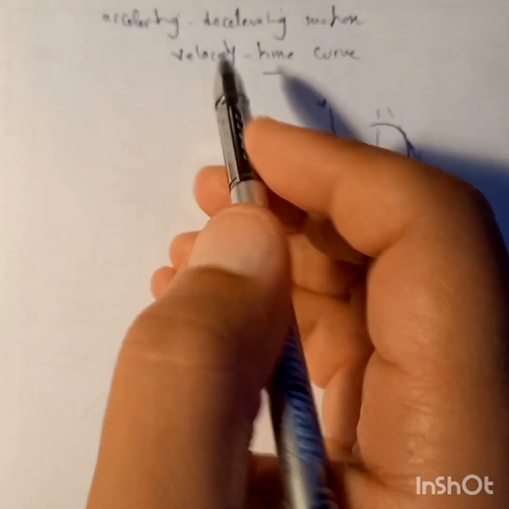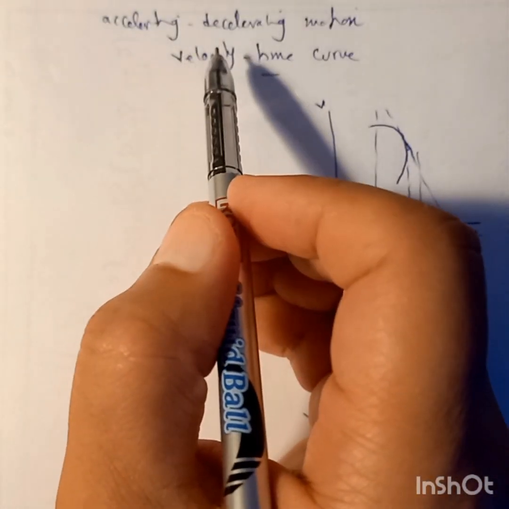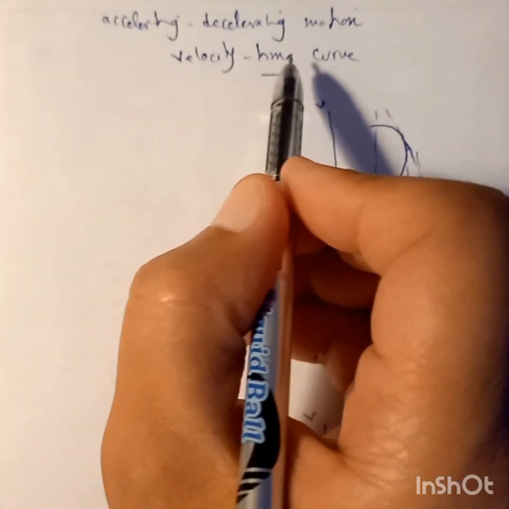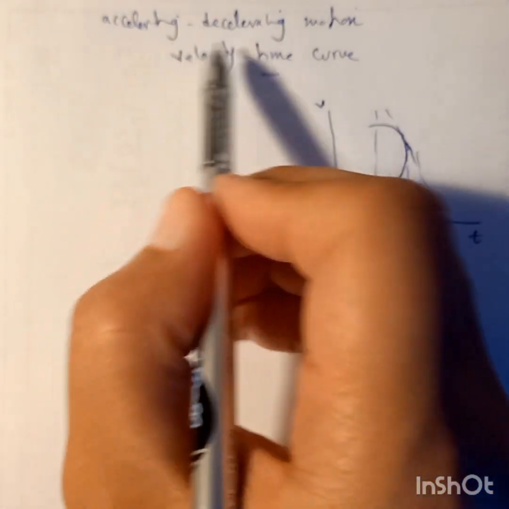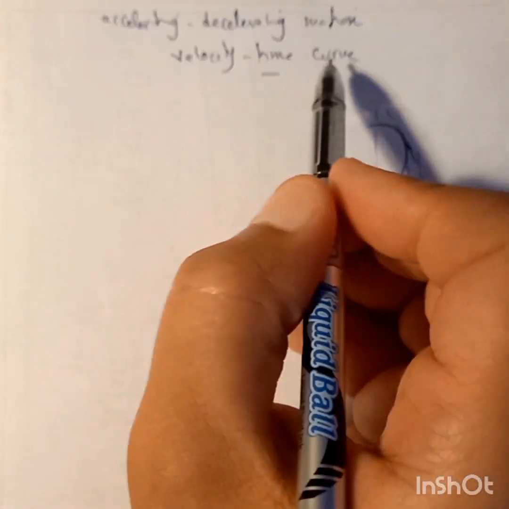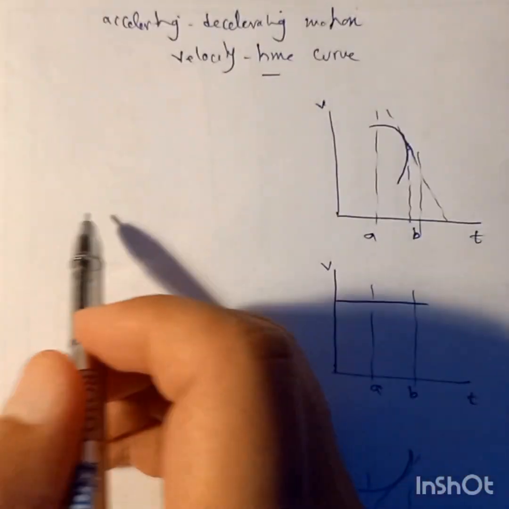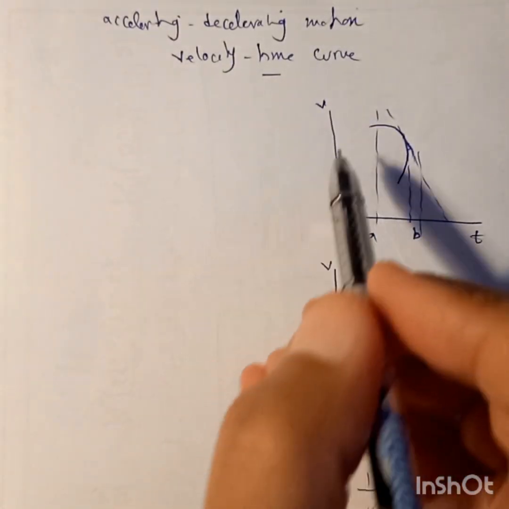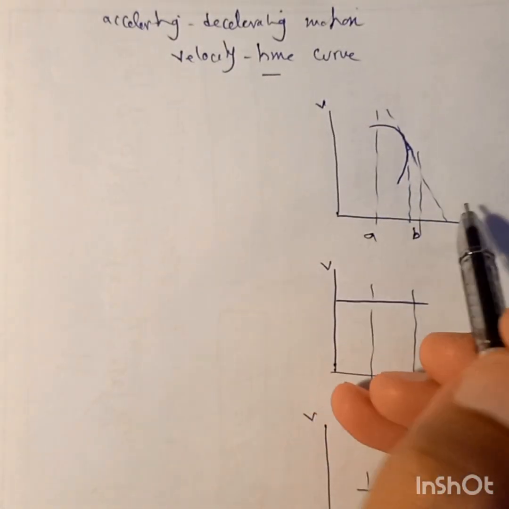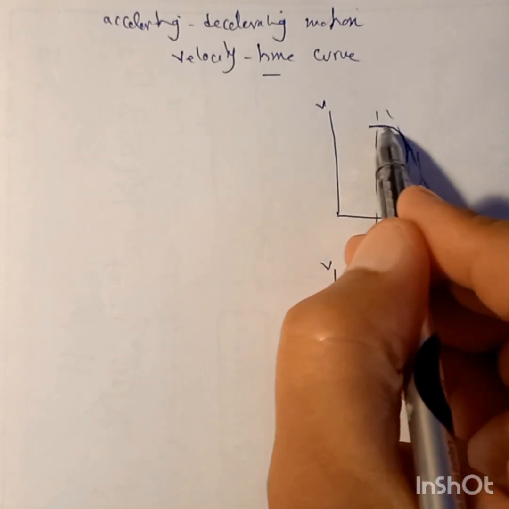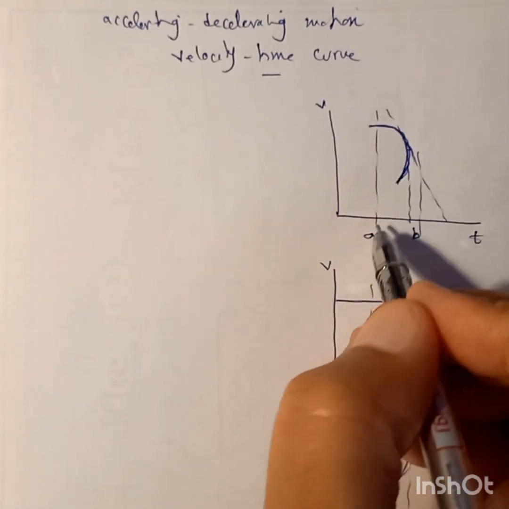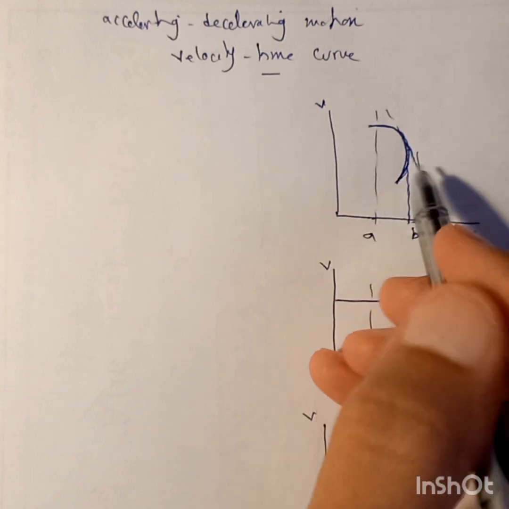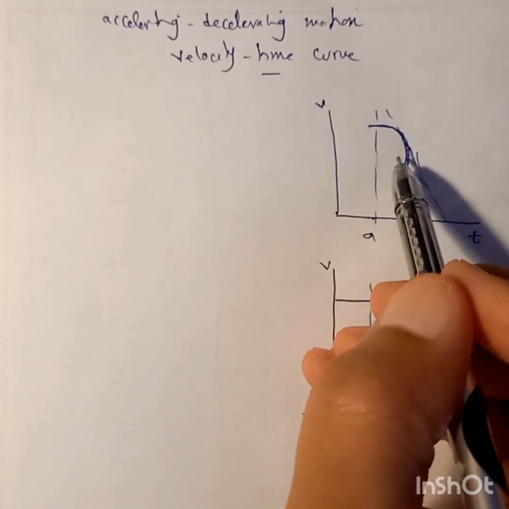Now we are going to explain how to find out the type of the motion of any body, if it's accelerating or decelerating in forward or in reverse direction, with regard to the velocity time curve, okay. For the first case, we have a relation between v and t represented by this curve. Within this time interval a and b, it's required to find the type of the motion of this body.